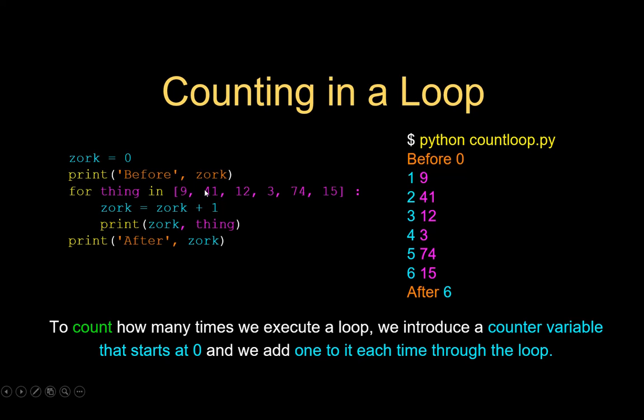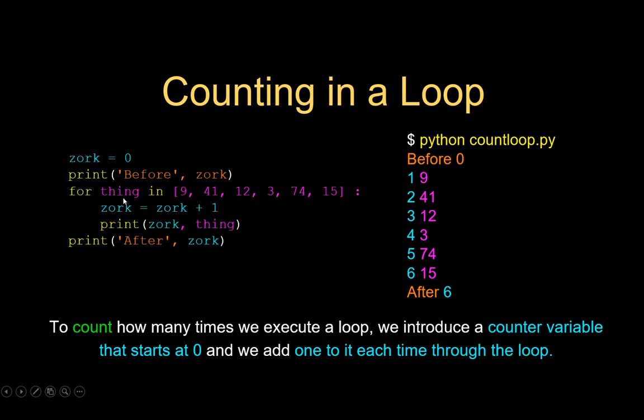This time we moved one to the right. Now we move to 12. Our Zork is 3 and the thing is 12. Here we have 4 and 3. Here we have 5 and 74. Here we have 6 and 15. After this, we get out of the loop and print after and the value of Zork, which is 6.